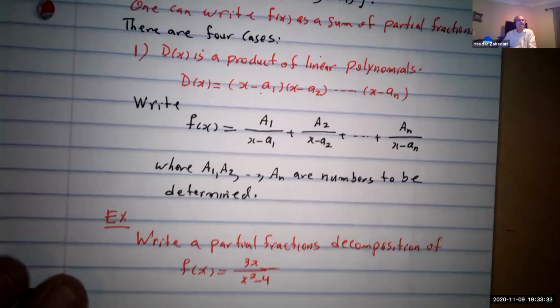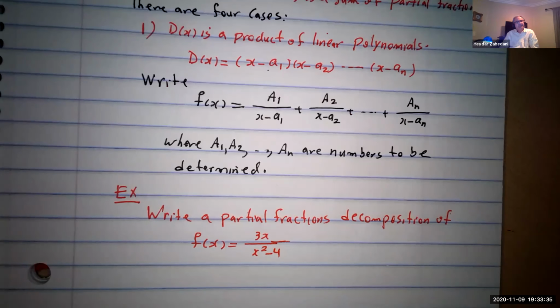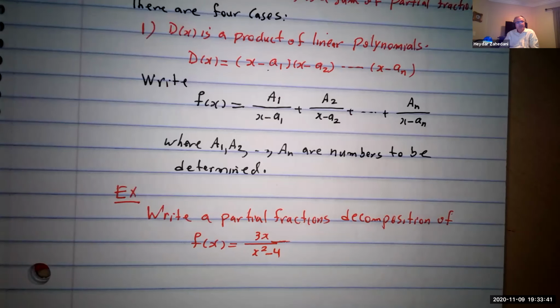You see, the denominator is factorable. It is x squared minus 4, and you can factor it into x minus 2 times x plus 2. So the denominator is the product of two linear factors.